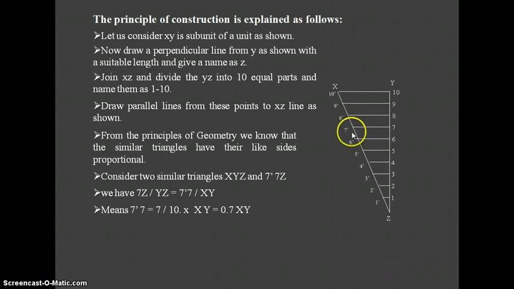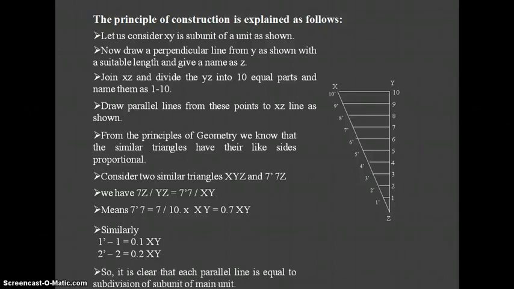This parallel line 7'7 represents the seventh subdivision of the subunit XY. Similarly, 1'1 is equal to the first subdivision of XY, and 2'2 is equal to the second subdivision of the XY subunit.